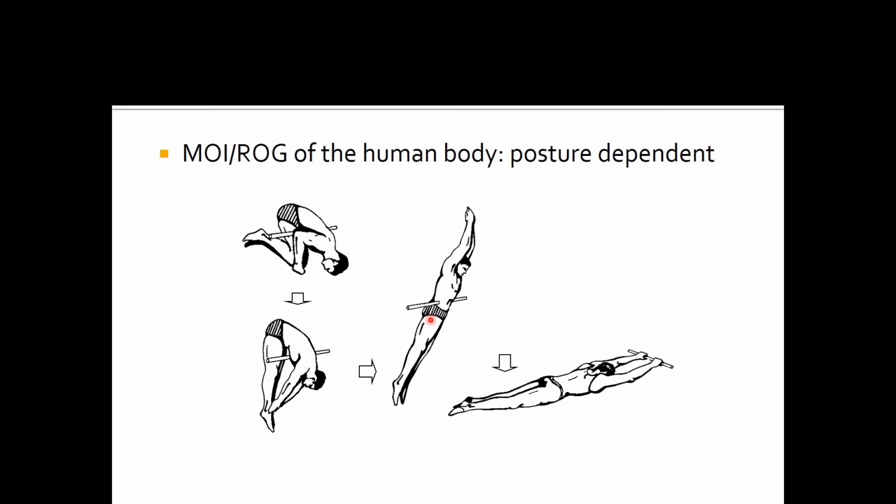So he again increased his radius of gyration from the pike to the layout position, and there is one more increase when he changed position from the layout to the giant swing. So overall, this one will have the shortest radius of gyration, and this one will have the longest radius of gyration.